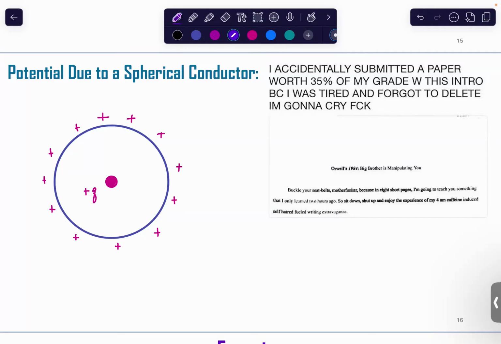And so then everywhere inside the conducting surface, then imagine you have some field point out here at a distance r.